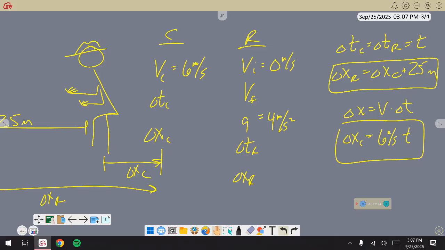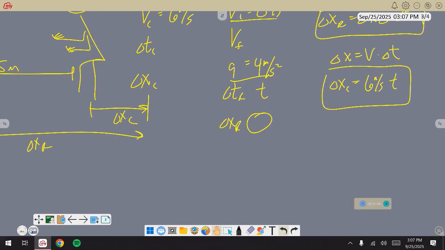The Raptor, of course, has acceleration variables, so there are 4 possible options. How do you choose the right one? Well, you choose the one with the variables that you know. Which are time and displacement of Raptor. So which equation has those? Well, we've already done this one, same one as before.